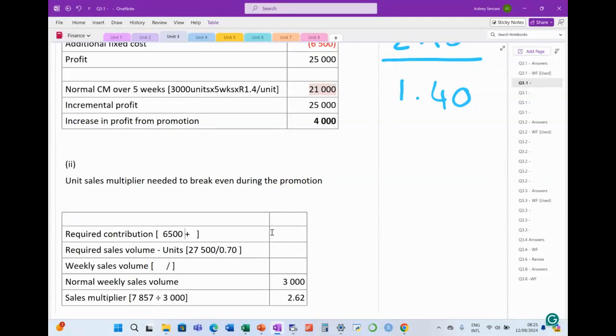We have to add in those variable costs, isn't it? Because remember, break even, we say fixed cost divided by your contribution margin, which means we will have catered to the variable cost, isn't it? So here we want to find out how much.